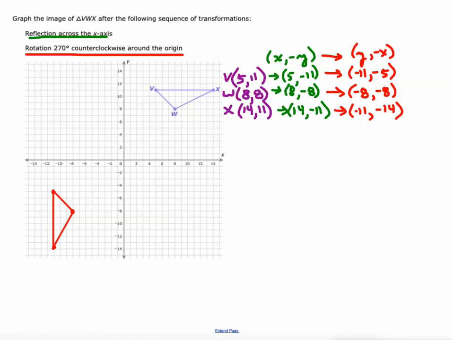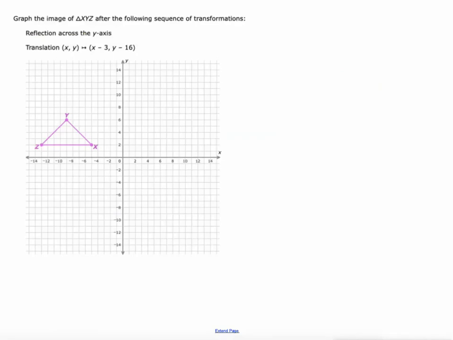Let's do one more and I think you'll have the gist of this. This time we're going to do a reflection across the y-axis followed by this translation that means 3 units left and 16 units down. Our original points here, X, Y, Z. X is at -5, +2. Y is at -9, +6.